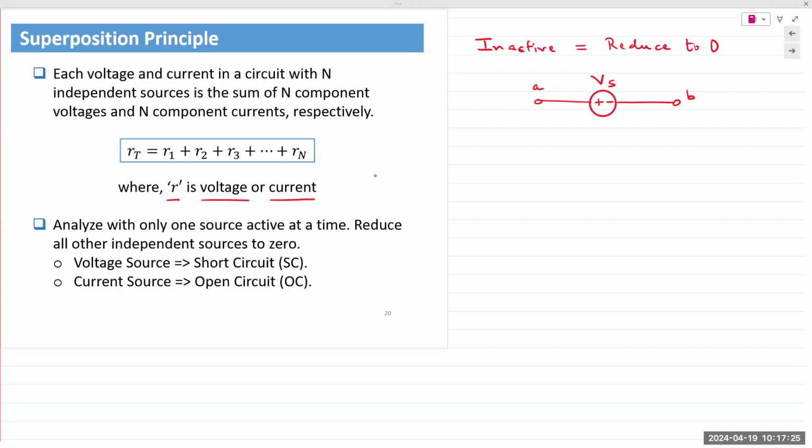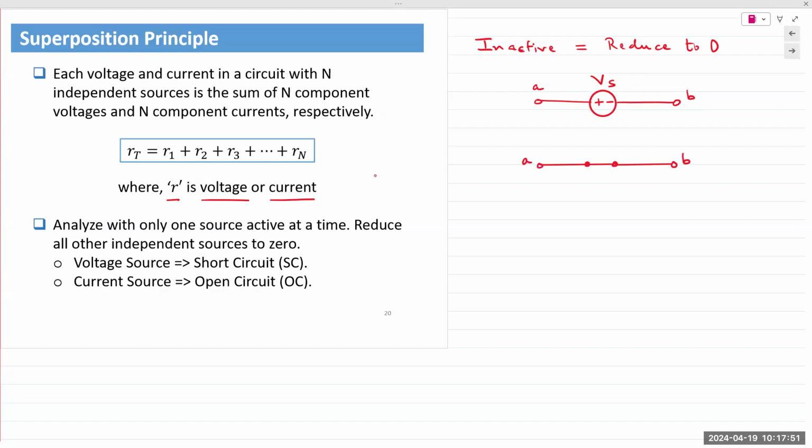Well, both of them have to be at the same level, right? So the way we can do that is by connecting them together. And so we would take out the voltage source and replace it with a short circuit wire.